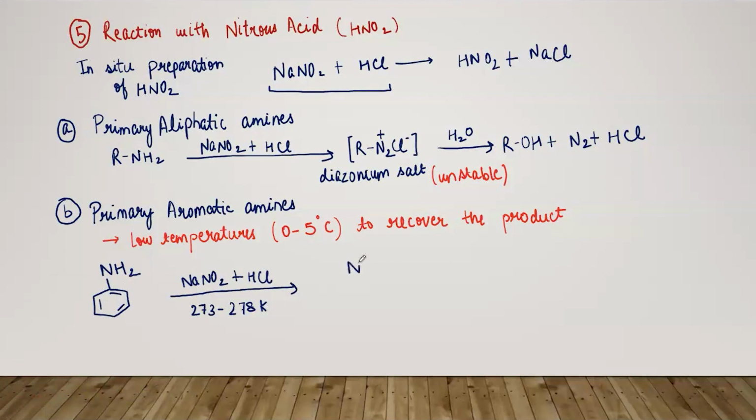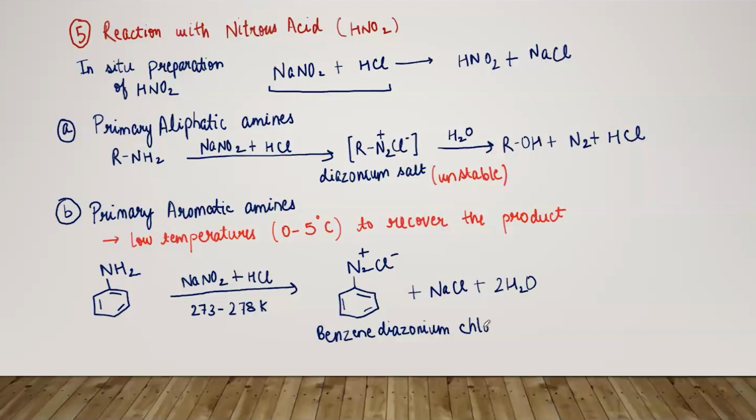So the final product would be benzene diazonium chloride with the byproducts sodium chloride and water. Okay, so the reactant is aniline, and this product, because इसमें सिर्फ normal benzene ring लगा हुआ है, we will simply call it benzene diazonium chloride. ठीक है, so this was the reaction of HNO2 with the primary amines. ठीक है, aliphatic और aromatic अलग अलग.